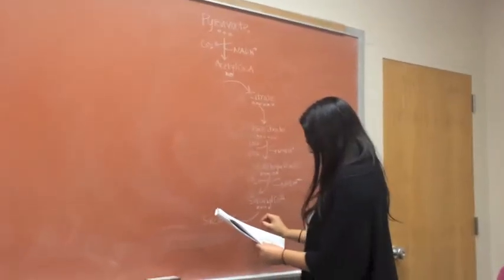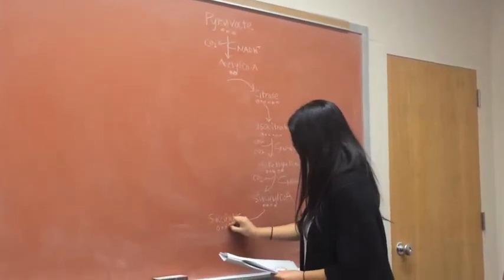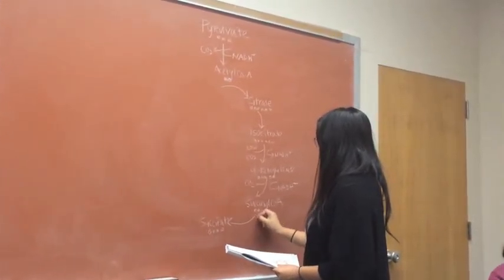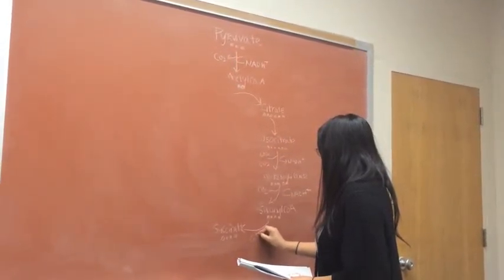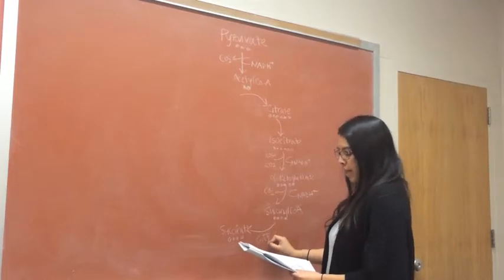Succinyl-CoA, or succinate, has 4 carbons, and during this process, it produces GTP, which is just another way of saying ATP.